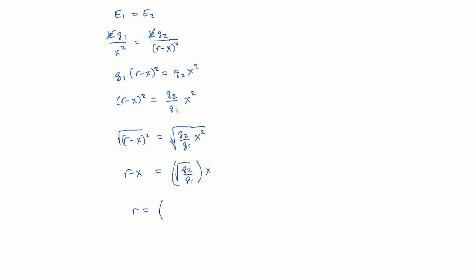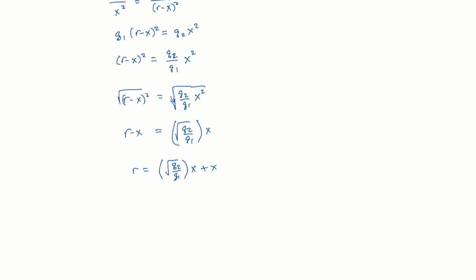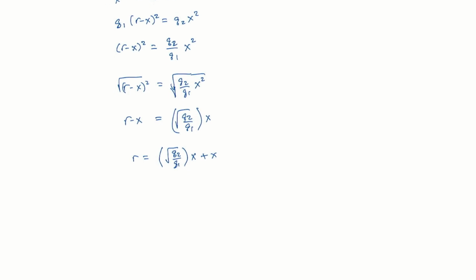We have R is the square root of Q2 over Q1 times X plus an X. Okay, we can factor out that X. We've got the square root of Q2 over Q1 plus 1, where we have factored out the X. If we multiply that back through, we get the line above.